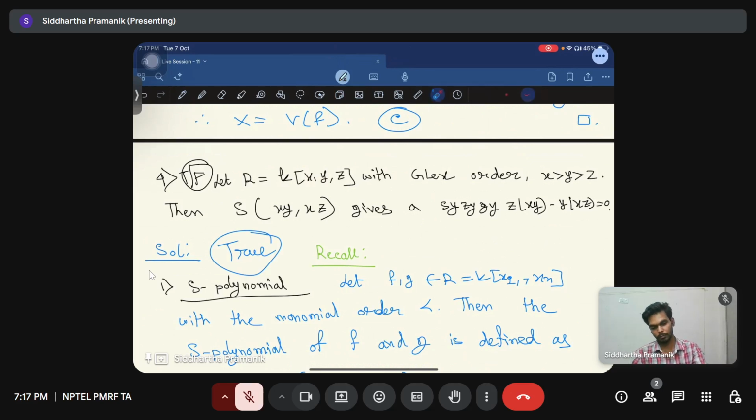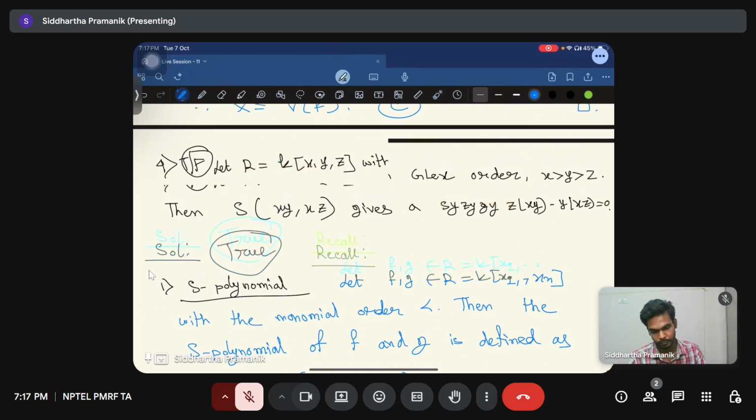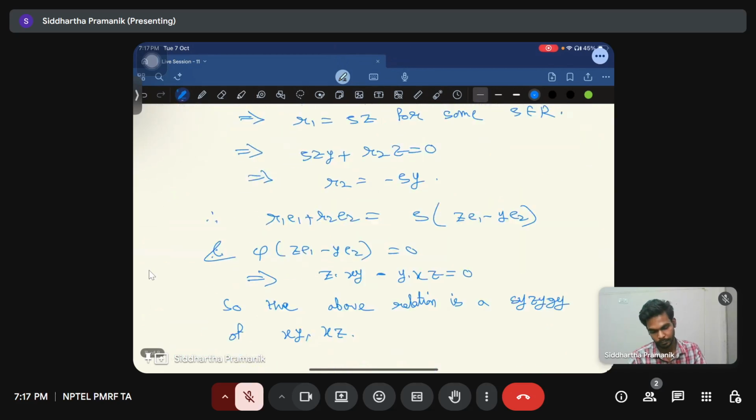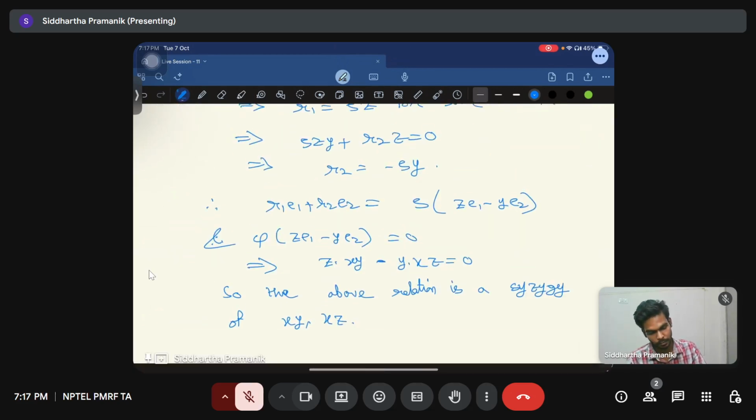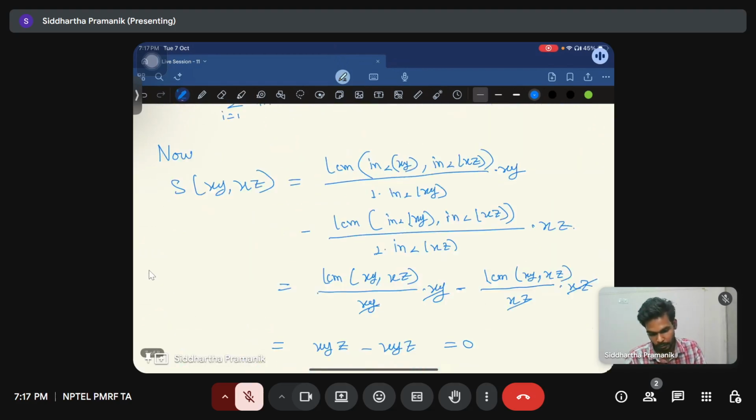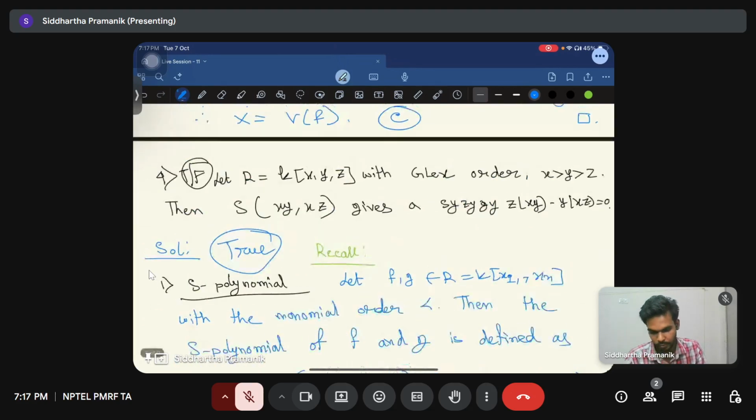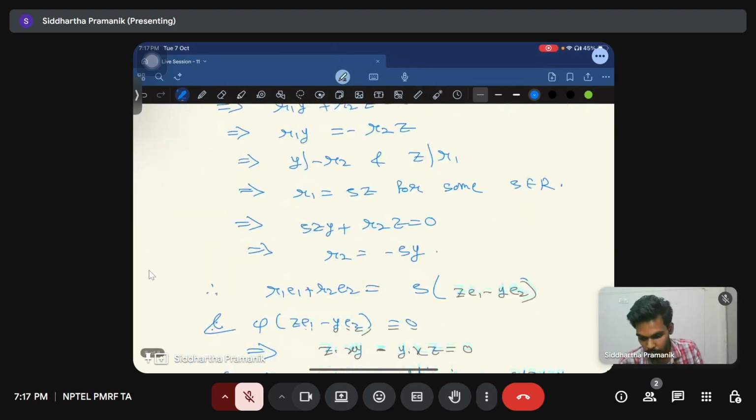So we have to find this S polynomial and we need to find the CGD. So that is what we have to do here. So this completes this problem. It is problem number 4. Okay, let's move on.